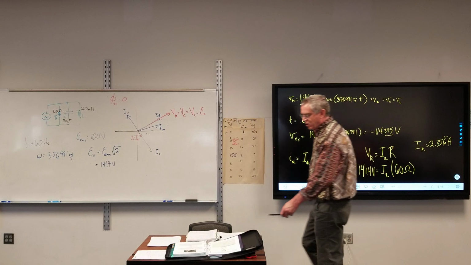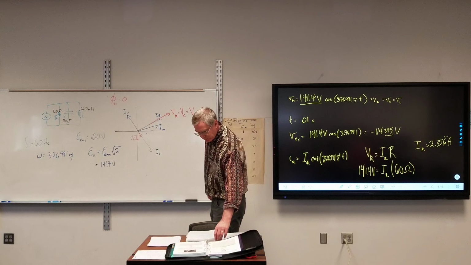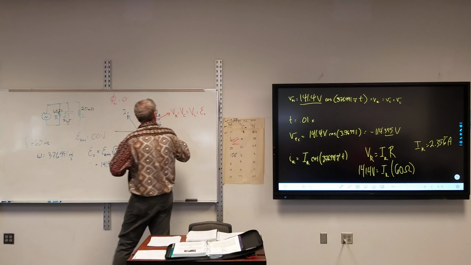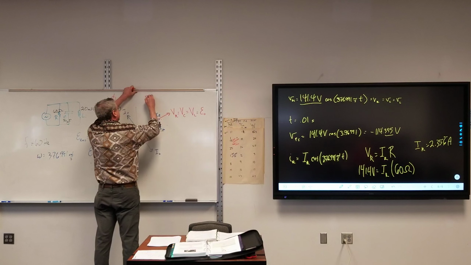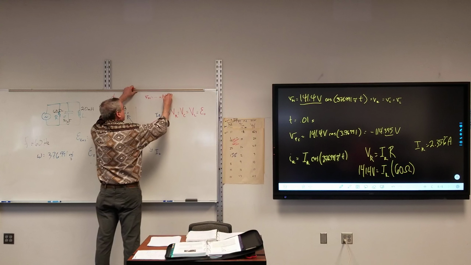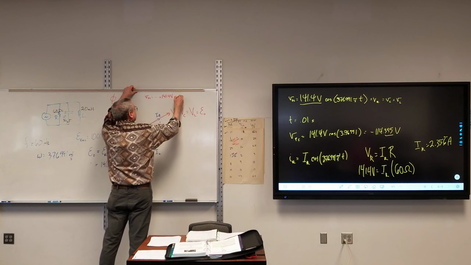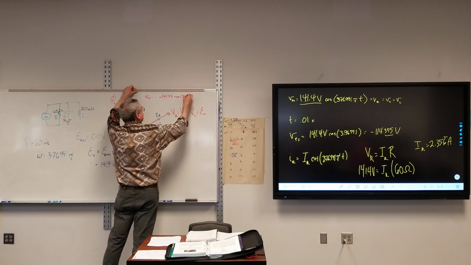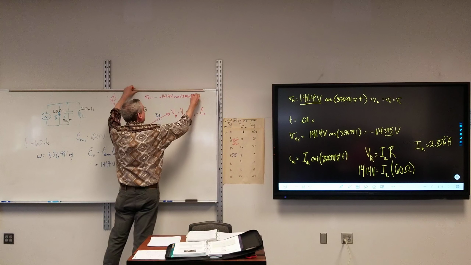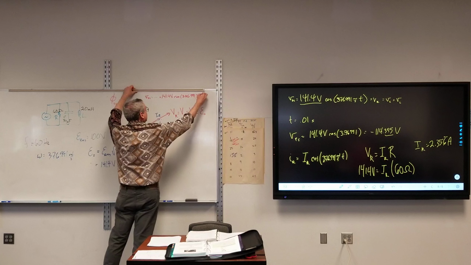So I now have my current phasor for the resistor. Let's write up what we know. My voltage for the power supply equals 141.4 volts cosine of 376.991 radians per second times time.